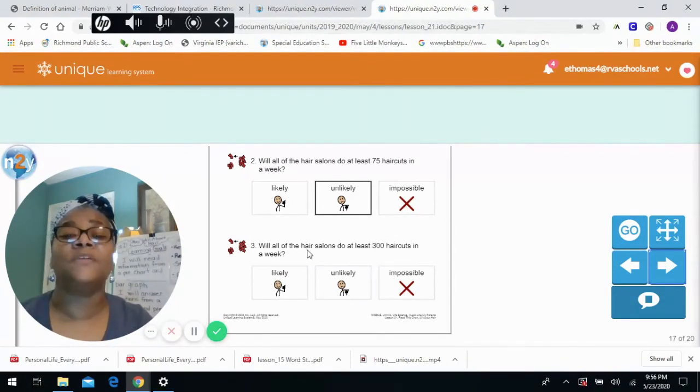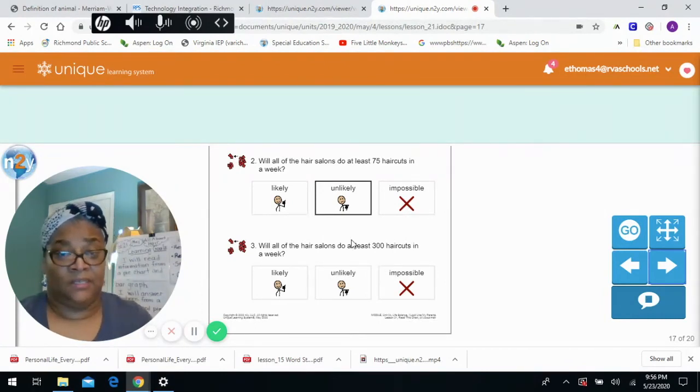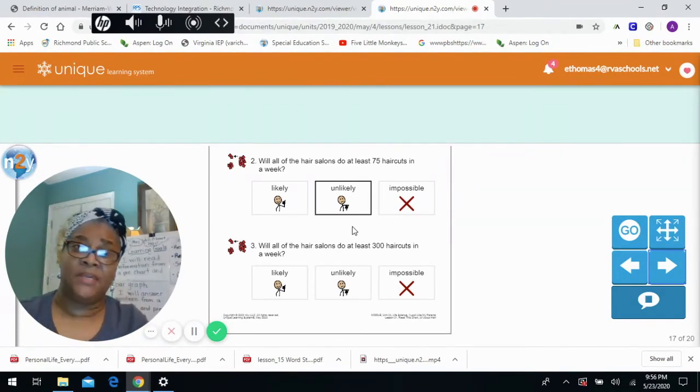Will all of the hair salons do at least 300 haircuts in a week? Oh, is that likely? Would that happen? It depends. If you're talking about a week, that's 5 days.